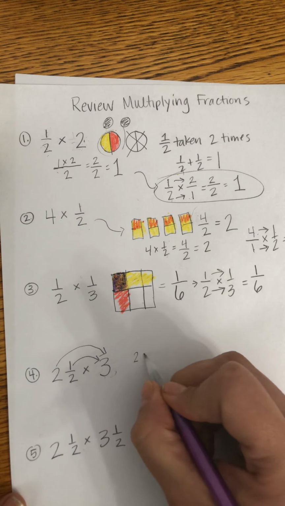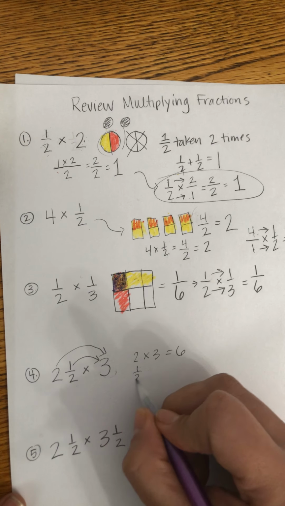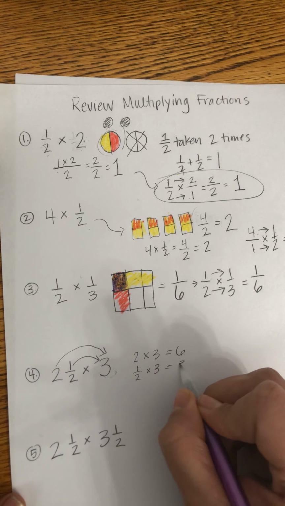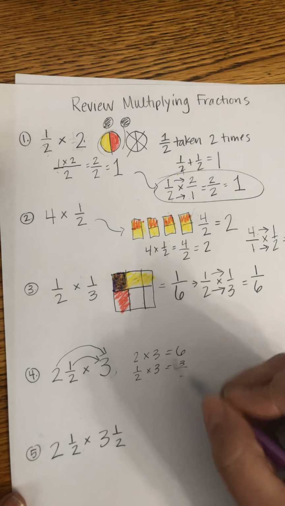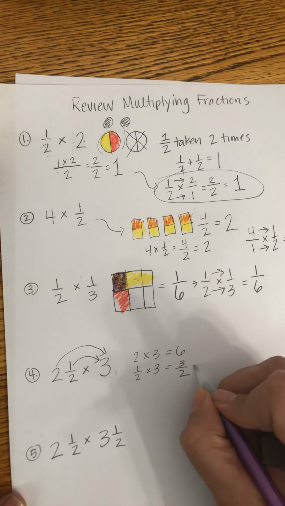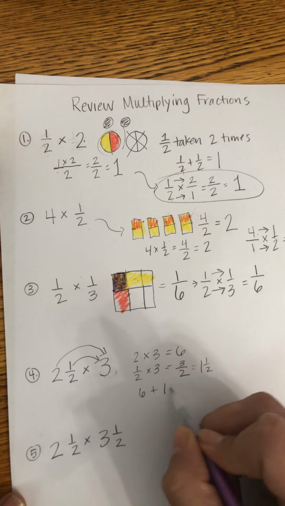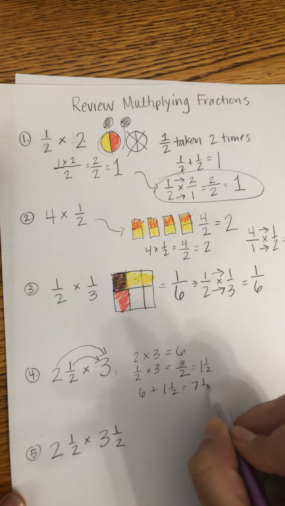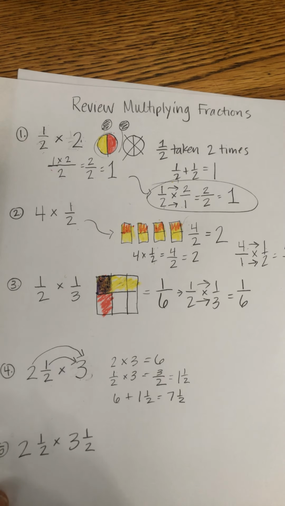So 2 times 3 equals 6 and then 1/2 times 3 equals 3/2, okay? It's just gonna take a little bit longer because then you gotta convert and then add. So this is equivalent to 1 1/2, and then I add 6 plus 1 1/2, which equals 7 1/2. Got it? So that's one way to do it.